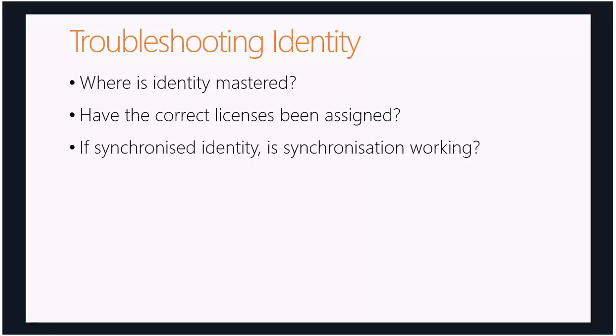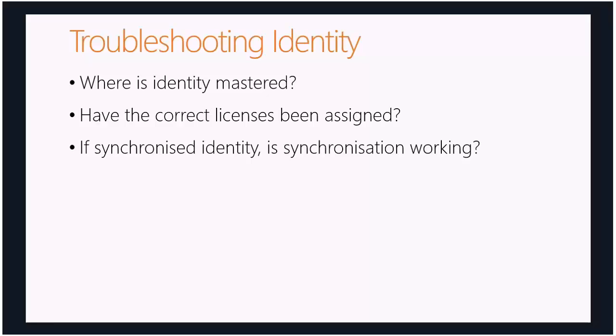Remember, the good thing about synchronized identity is if there's ever a problem with the machine on which the synchronization software runs, you can simply move that synchronization software to another machine. The preference is always generally to put it on a member server, but you can now do that on a domain controller if you're using something like Azure AD Connect.